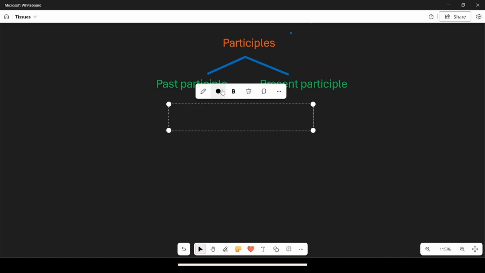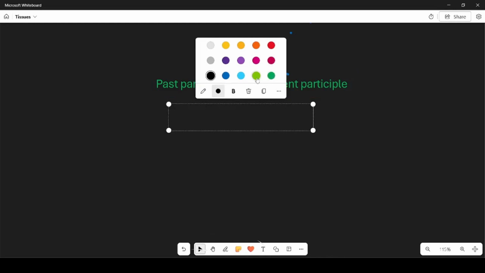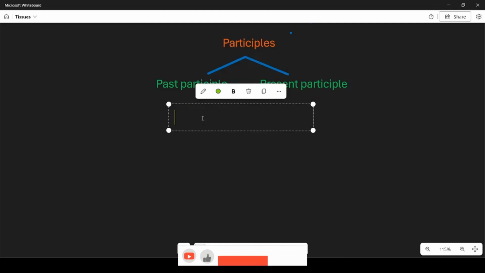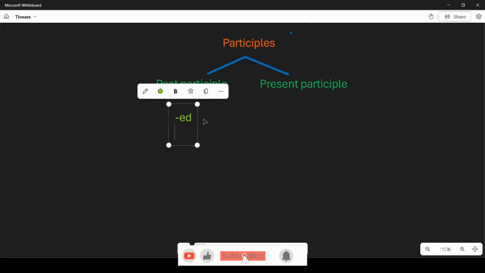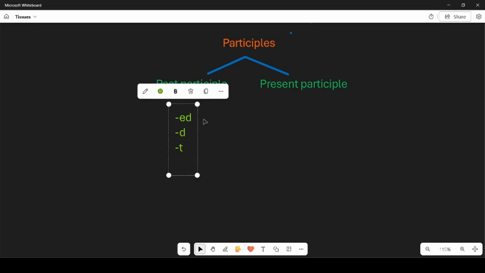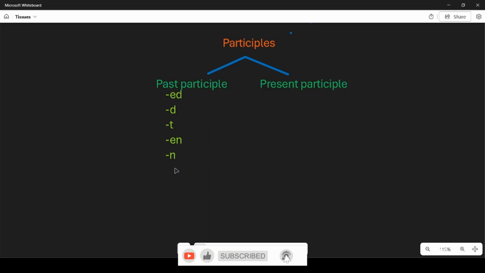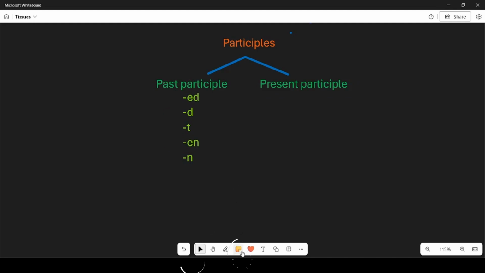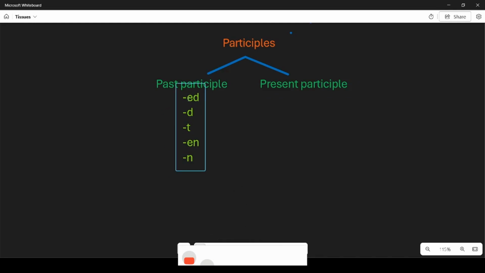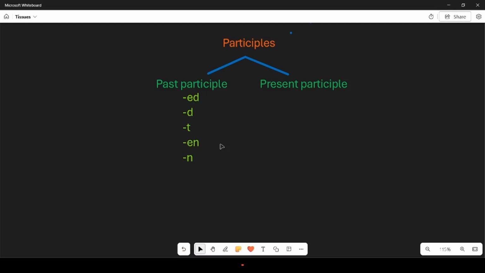So a word in a sentence, if it's a past participle, will end in one of these: ed, d, t, en or n.